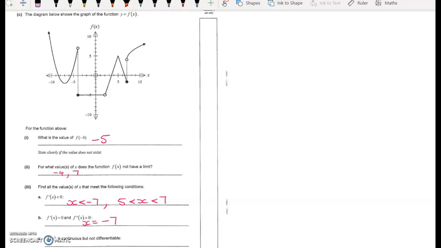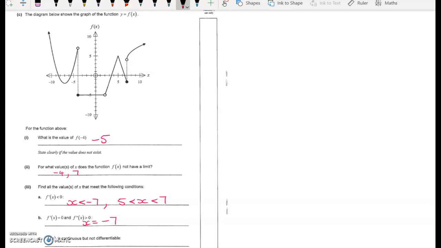Okay, and f of x is continuous but not differentiable, so we don't have a gap in the graph. But something weird happens there, and for these ones you're looking for where there are sharp corners that you can't do anything about. Okay, so this here is not continuous, so let's not even consider that bit. This line here carries on, that's continuous, no problems. Here we've got not continuous, so don't count that.